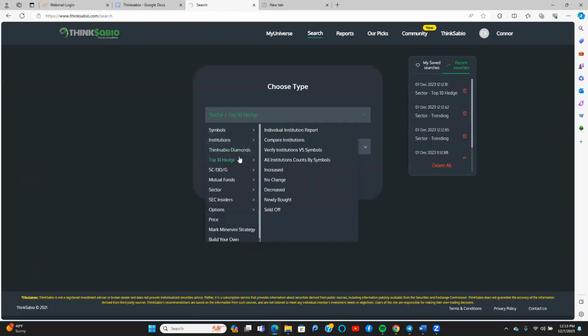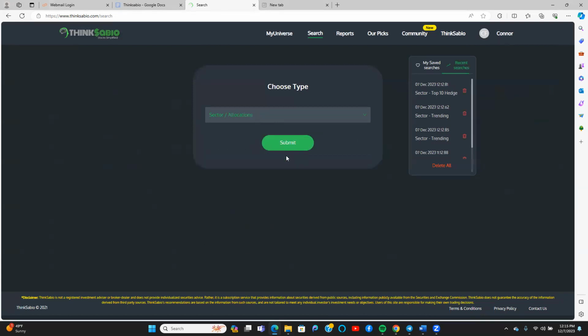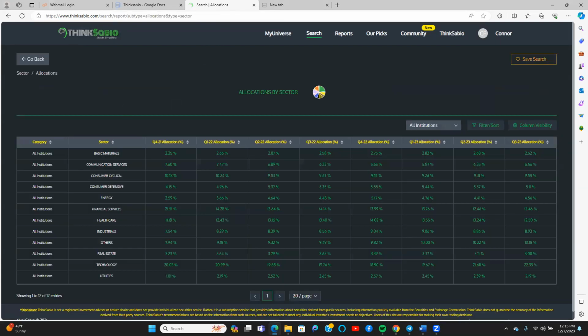And then last, but most definitely not least, we have allocations. This looks at allocations by sector, I should say. This looks at how major investments among major institutions in the stock market vary by sector and how that compares over time.